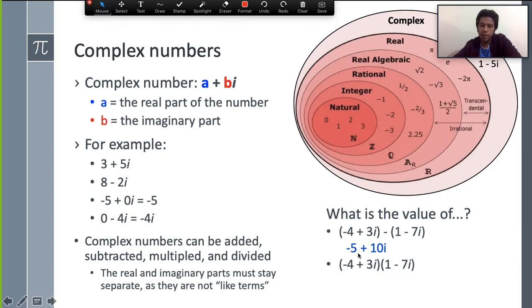Just like the simple multiplication or the FOIL method, if you use it, multiply minus 4 with this, then minus 3i, multiply this, and then add, subtract, whatever comes there, you will get your solution. So this is how we do addition, subtraction, or multiplication, this kind of operation, in complex numbers.